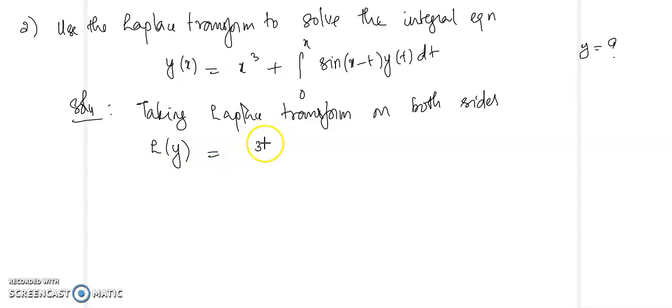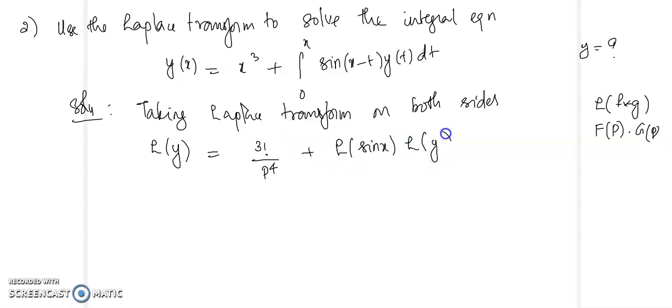L of x cube will be 3 factorial by p raised to 4, plus now this will be the convolution integral. So this is the L of f star g formula, that will be equal to F(p) into G(p). So that is L of sin x into L of y.